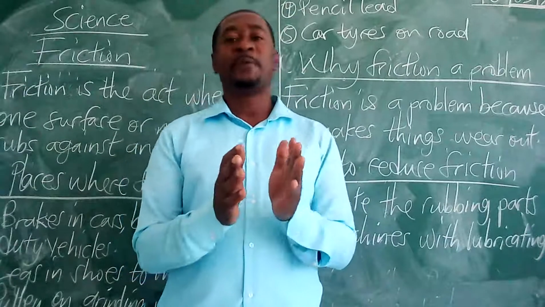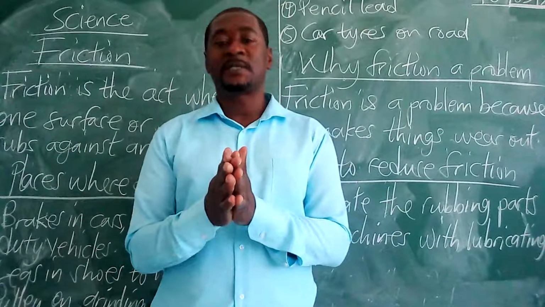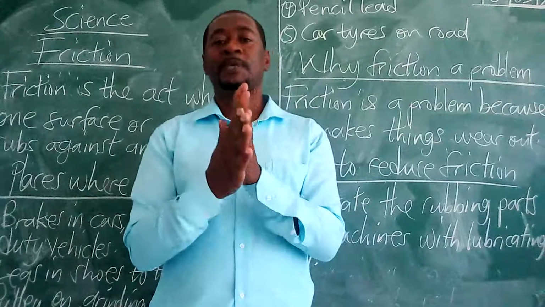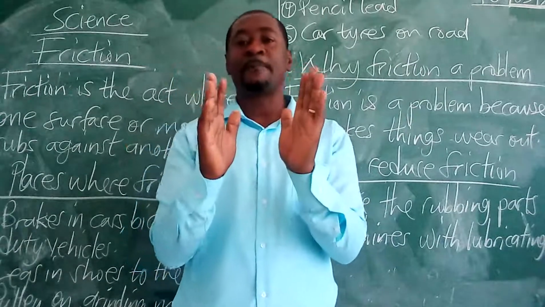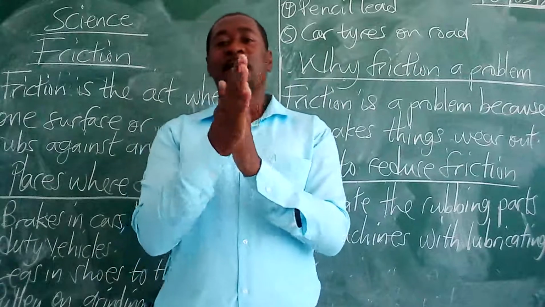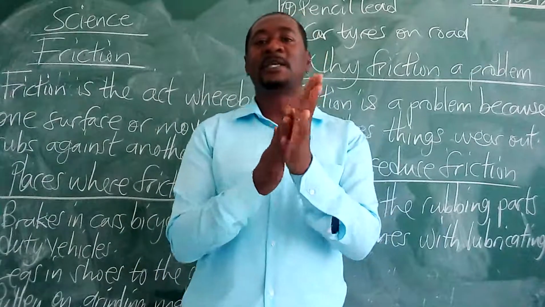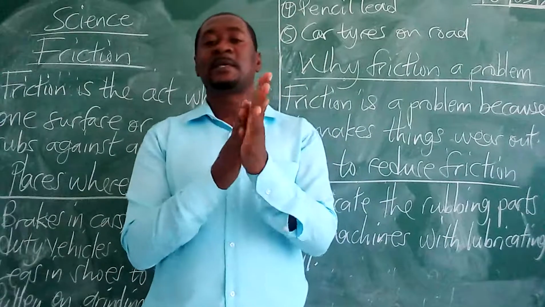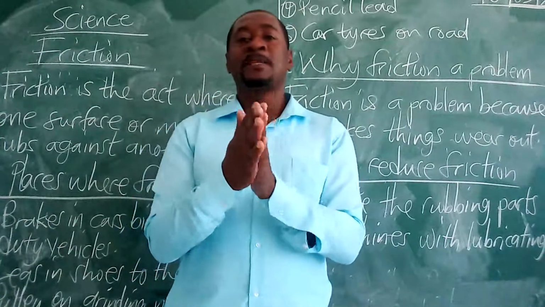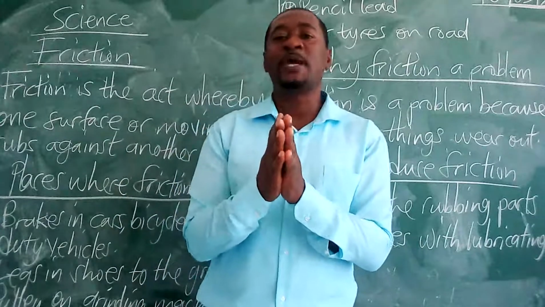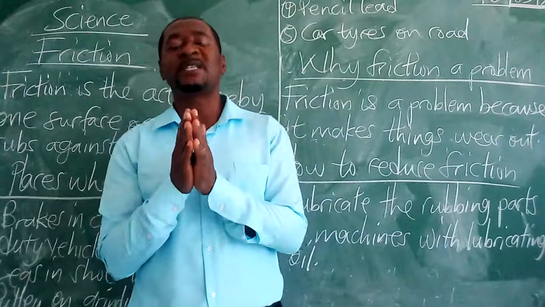When there is a moving surface, they come in contact and then they rub each other, like using my palm. When I'm rubbing my palm like this, if it is a machine, as you are rubbing, the surfaces are rubbing like this. A time will come when the surfaces cannot come in contact like the way it was when you bought the machine new.